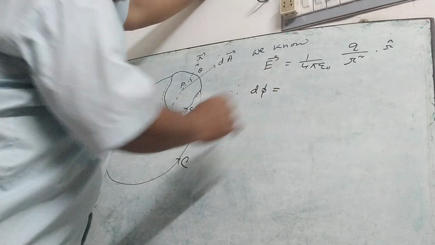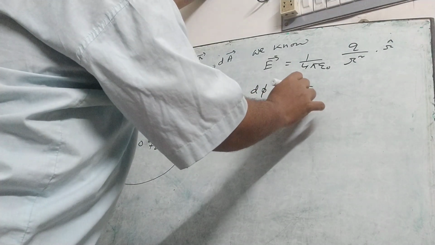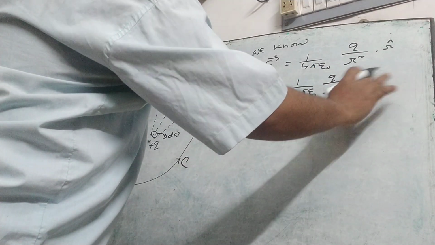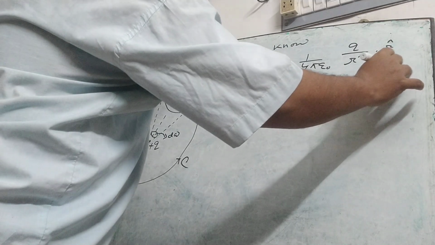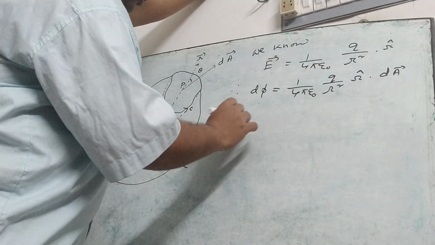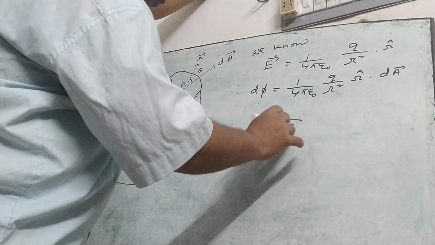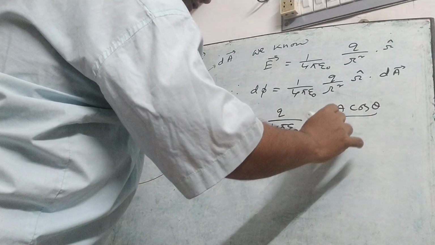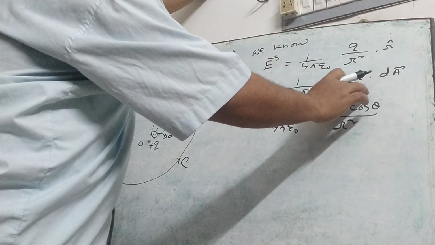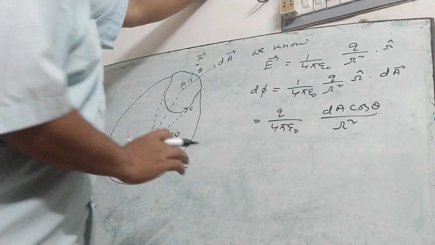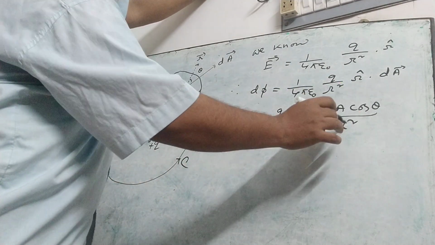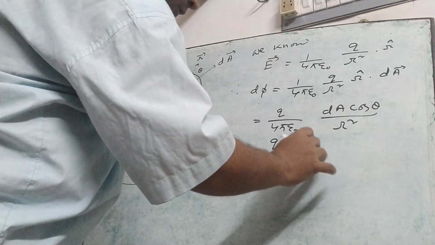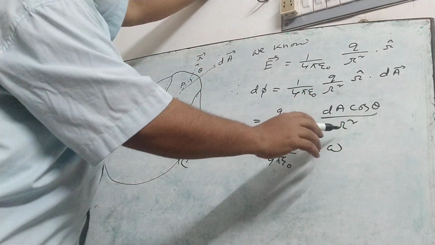Therefore, d phi is equal to 1 by 4 pi epsilon 0 Q by R square R cap dot dA, which is equal to Q by 4 pi epsilon 0 dA cos theta by R square, because R cap dot dA vector is equal to dA cos theta, and we know that dA cos theta by R square is equal to d omega. Therefore, Q by 4 pi epsilon 0 into d omega.